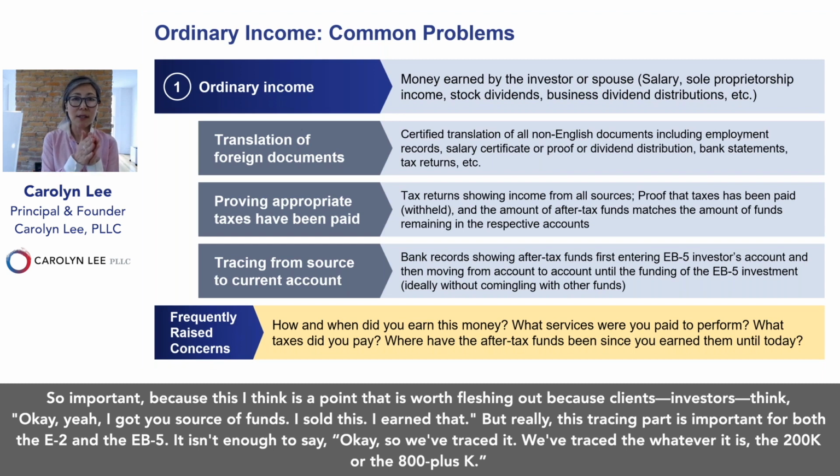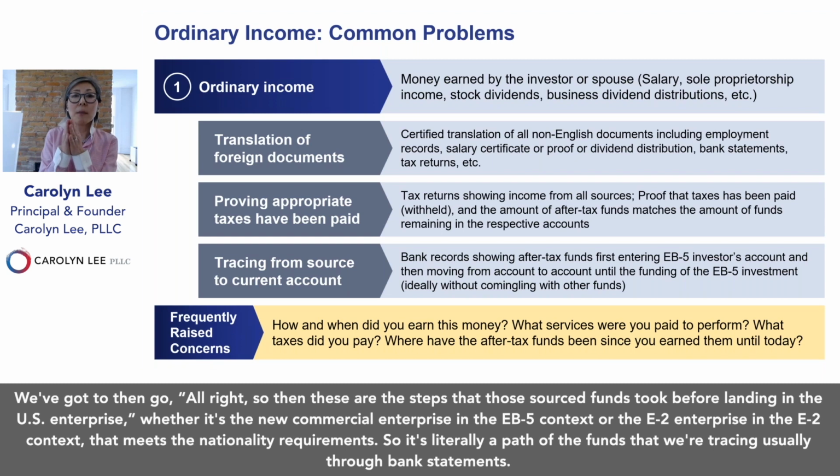It isn't enough to say we've traced the 200K or the 800-plus K. We've got to show the steps those sourced funds took before landing in the U.S. enterprise, whether it's the new commercial enterprise in the EB-5 context or the E-2 enterprise that meets the nationality requirements.